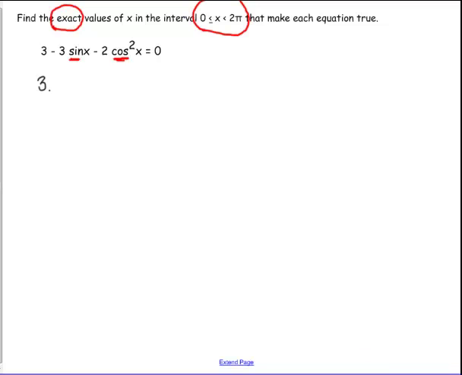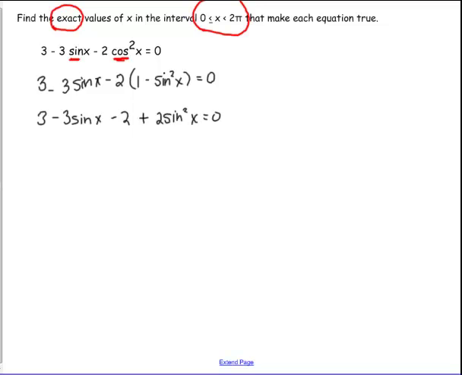So I'm going to make that substitution. 3 minus 3 sine x minus 2 parentheses 1 minus sine squared x equals 0. Basic algebra now. Clean it up. 3 minus 3 sine x minus 2, careful, plus 2 sine squared x equals 0.